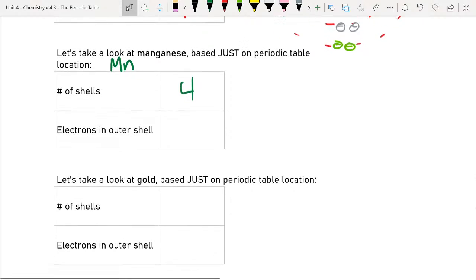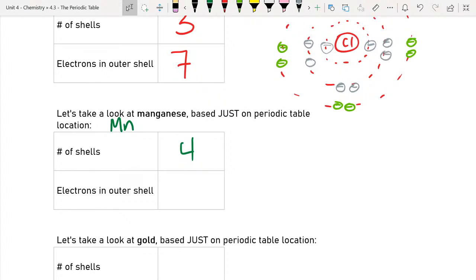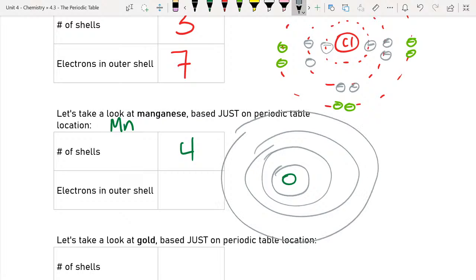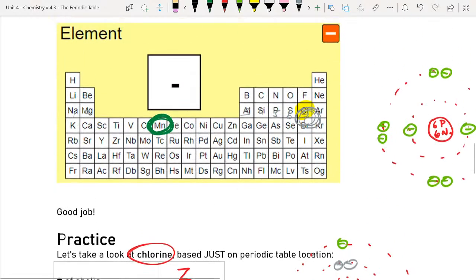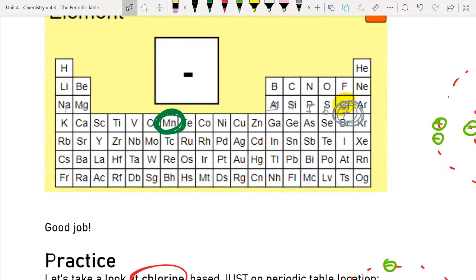I'm not going to draw a Bohr-Rutherford diagram of this because it's a pain in the butt. But how many shells would I need? If I was going to draw this, I'd have to draw the nucleus and then 1 shell, 2 shells, 3 shells, 4 shells. I'm not doing that. I've got my grade 9 credit, thank you. How many electrons in its outer shell? 7 again.